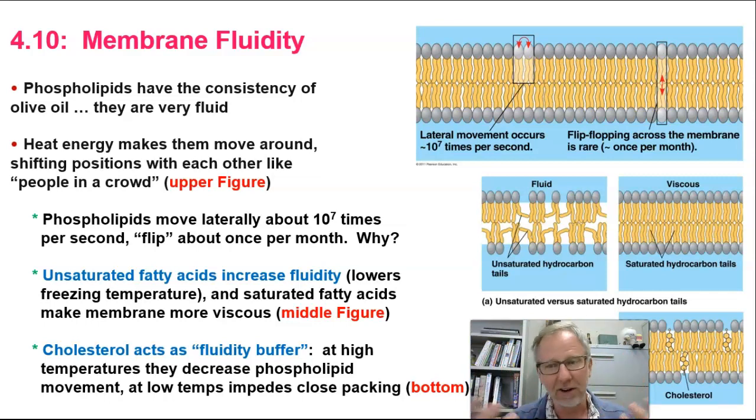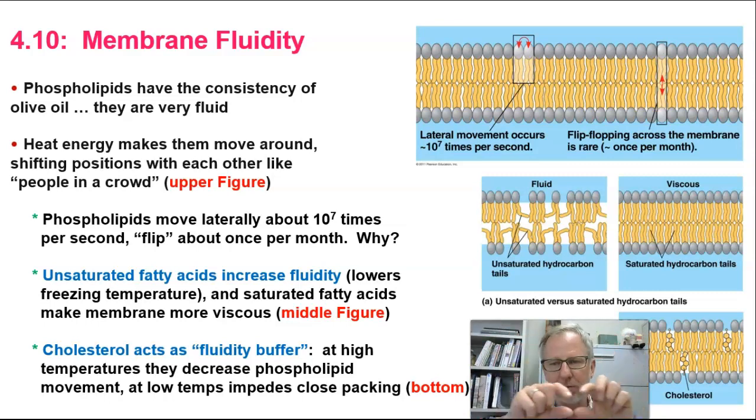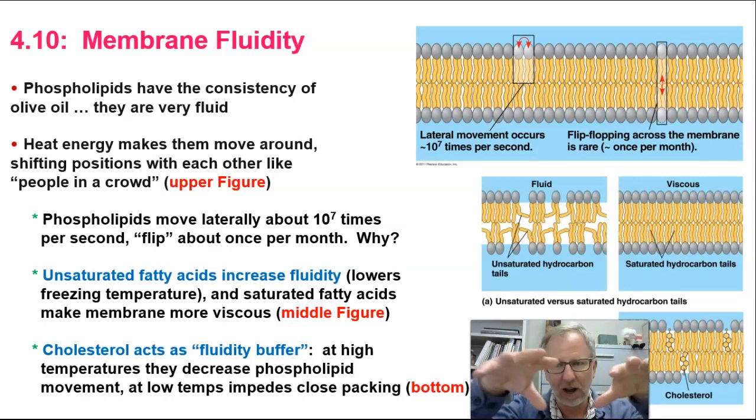And that's just very unlikely to happen. So the phospholipids are very stable in their own side of the membrane, in their own layer of the bilayer, moving around a lot, but they're not flipping back and forth very often.